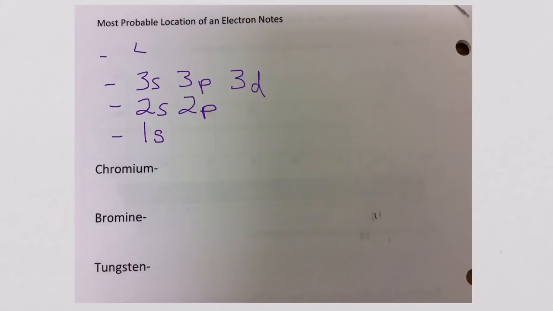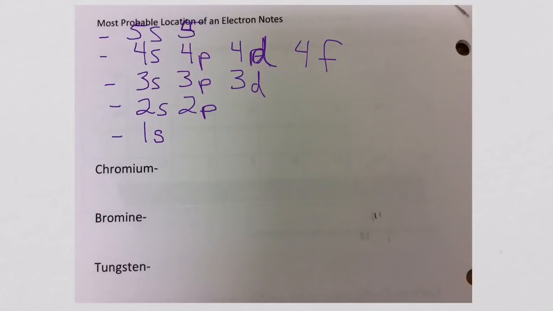In the fourth energy level, there's an s. Fourth energy level, there's a p. Fourth energy level, there's a d, sorry. That's a d. And the fourth energy level, there's an f. Then I'm just going to go one more here. 5s.